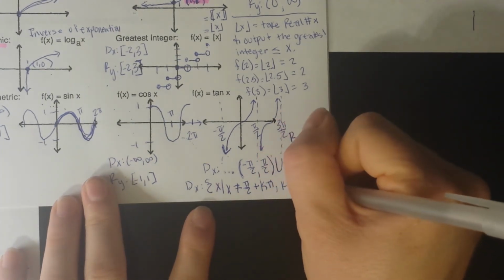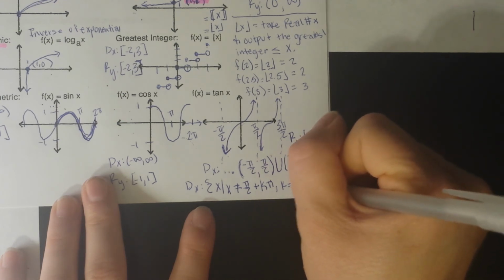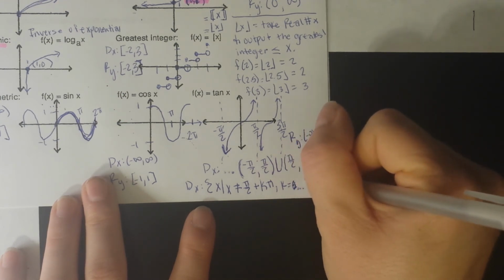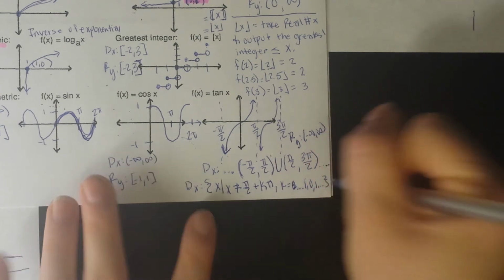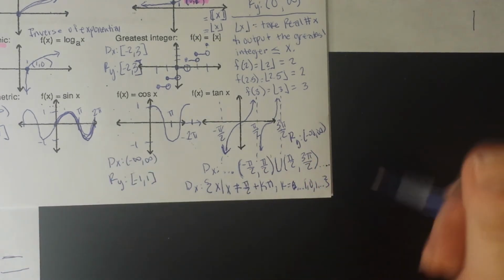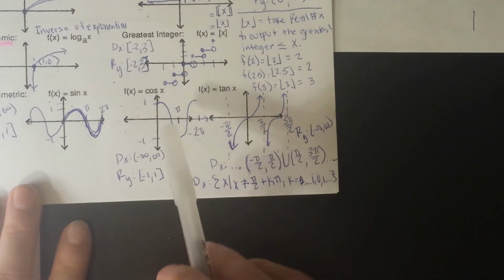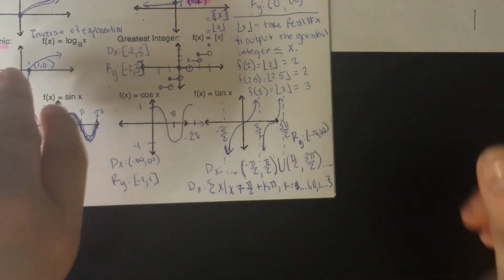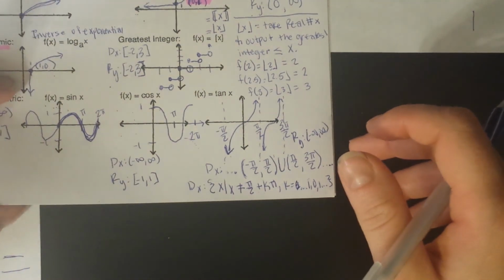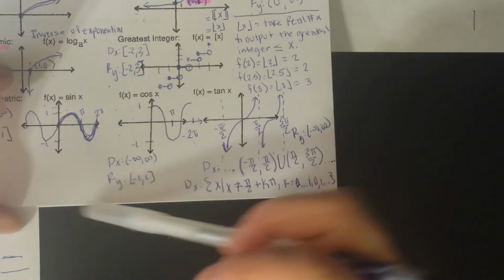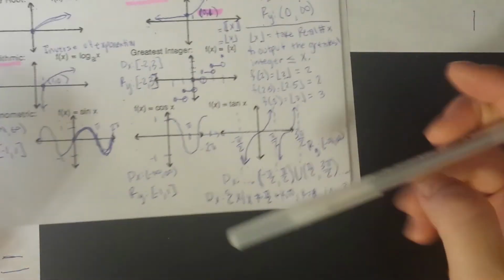So k could be 0, 1, dot, dot, dot, because it goes on forever. Anyway, that you don't run into too much. Also know the reciprocal functions, secant, cosecant, and cotangent. Make sure you know those. Okay, because hint, hint, hint on your homework, you have to know those.